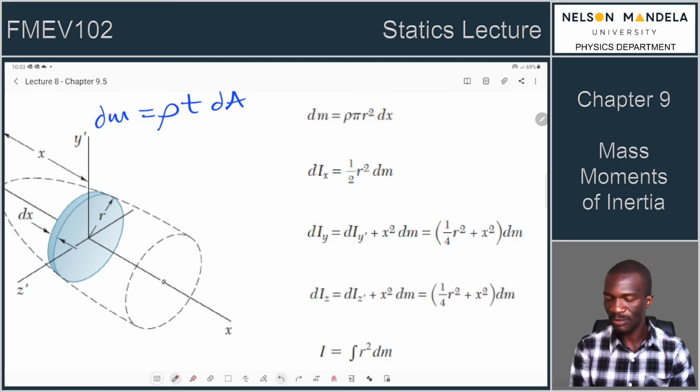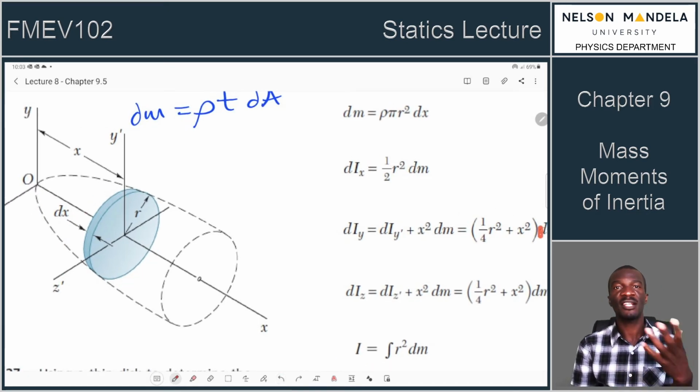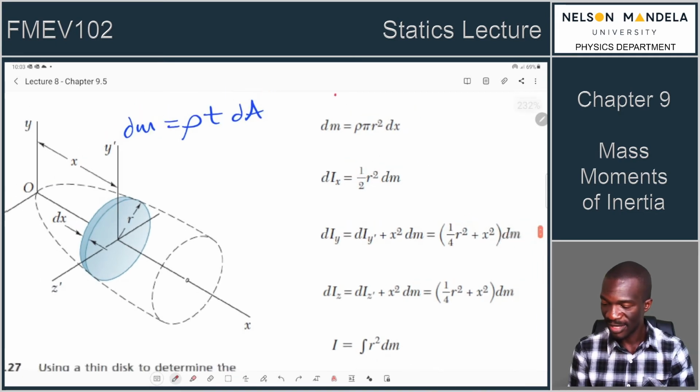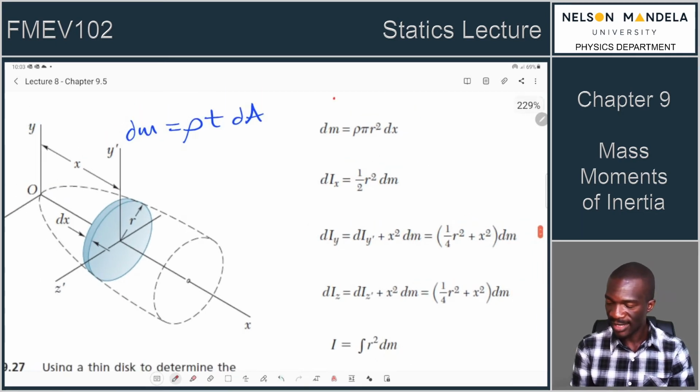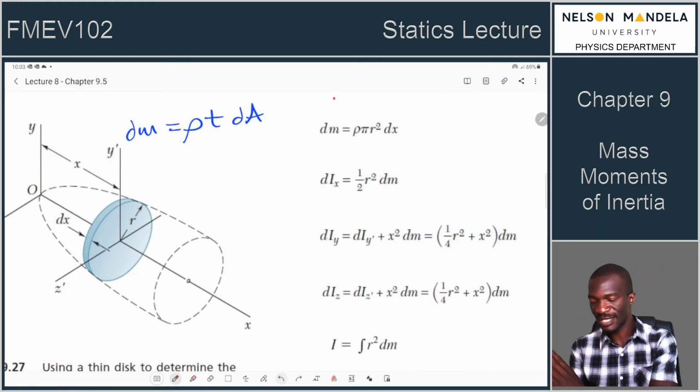Parallel axis theorem, what does it say? Remember this plate that we want to integrate, we can actually interpret it in terms of the parallel axis theorem for the y direction. Why? Because it is displaced from the y-axis, some distance from the y-axis.